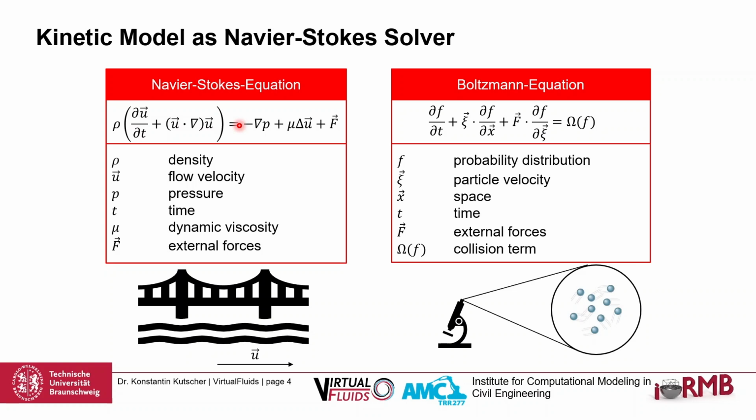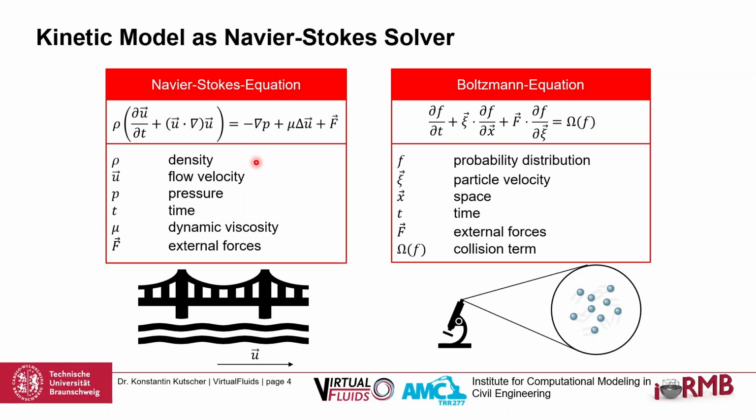An analytical solution exists only for a few simple cases with a low Reynolds number, and this is the so-called Millennium Prize problem. If you solve this, you can get $1 million. It's a very complex thing.